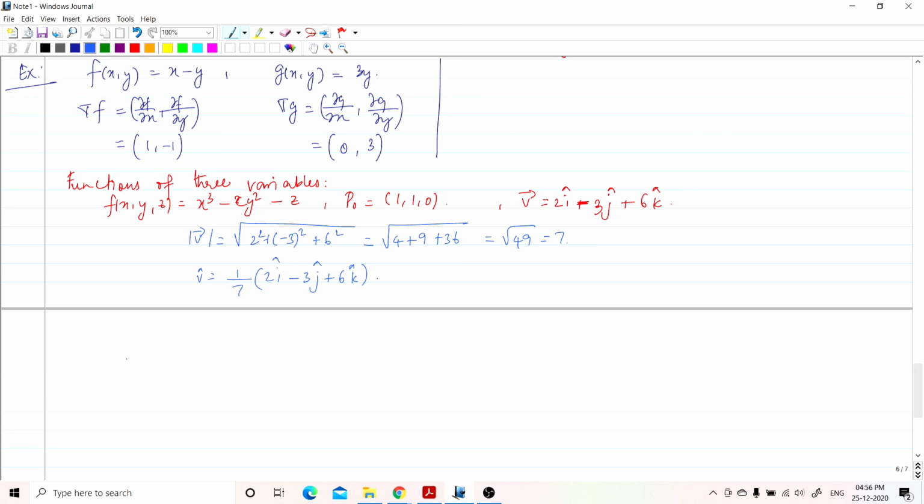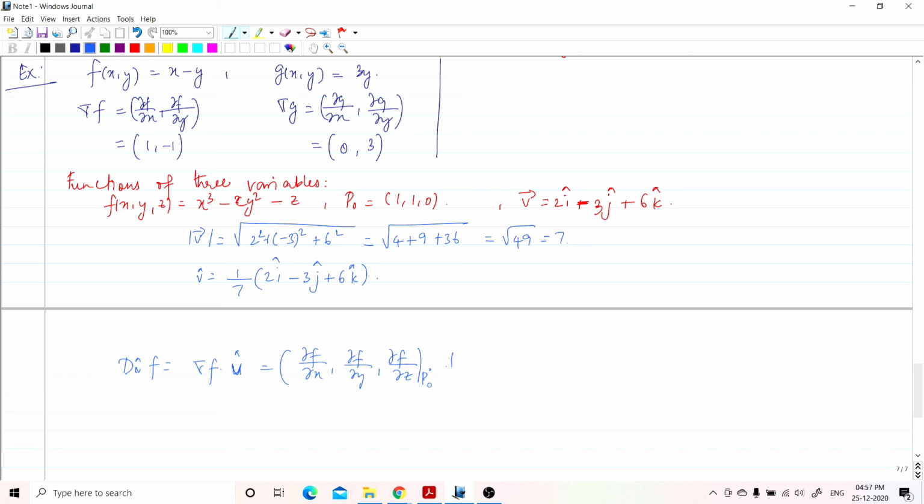Hence your directional derivative D_v f is going to be del f dotted with this v cap. So what is del f? It is del f upon del x comma del f upon del y comma del f upon del z, evaluated at the point p naught, with your v vector.